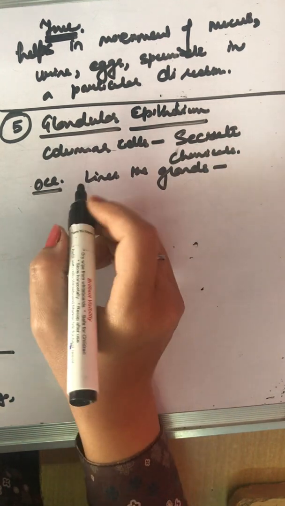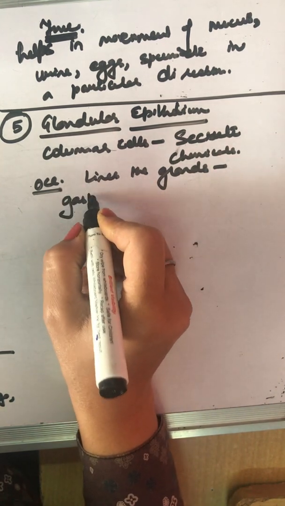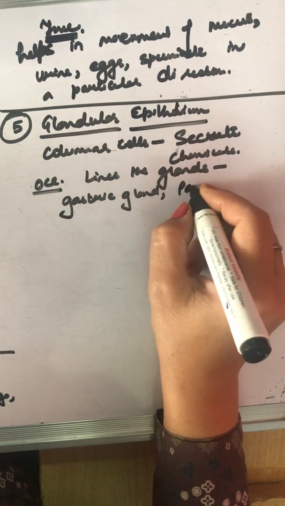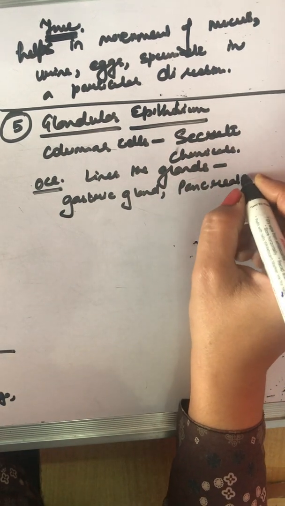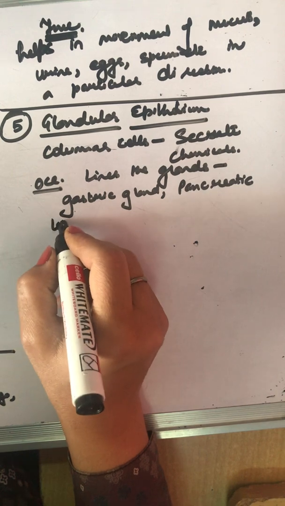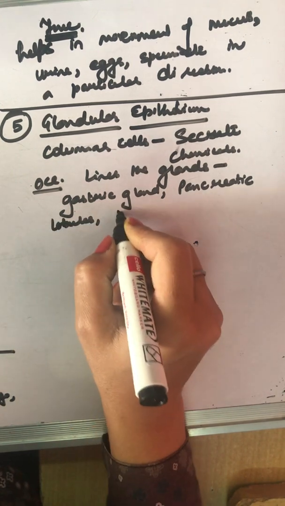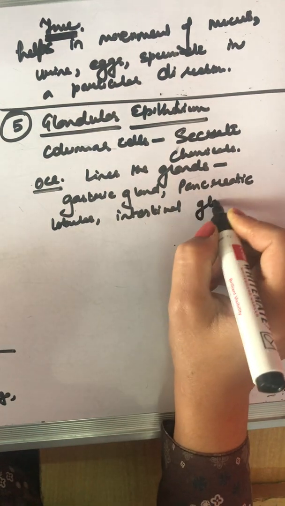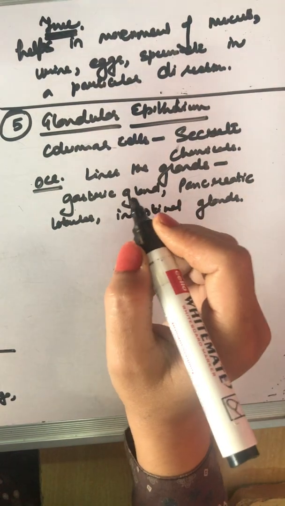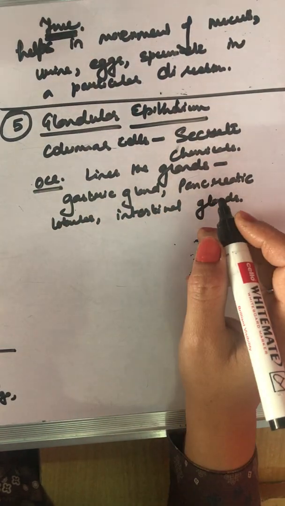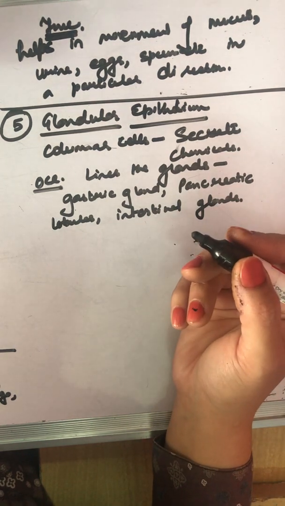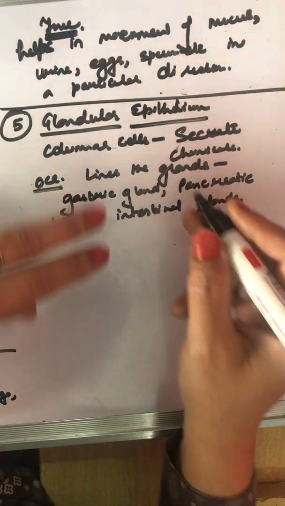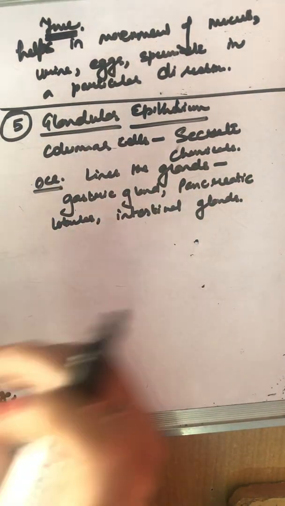Which all glands? Gastric gland, pancreatic lobule, intestinal glands. What do they do here? Obviously help in secretion. Secretion of what? All those juices, whatever are used in the process of digestion, are secreted here.